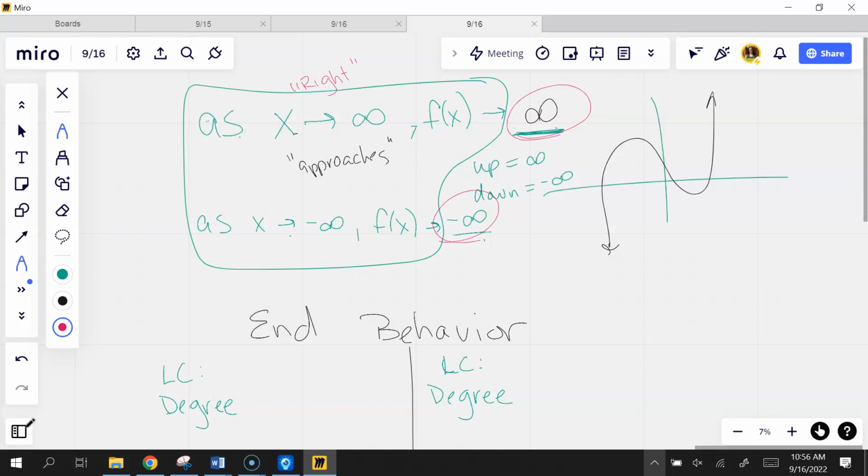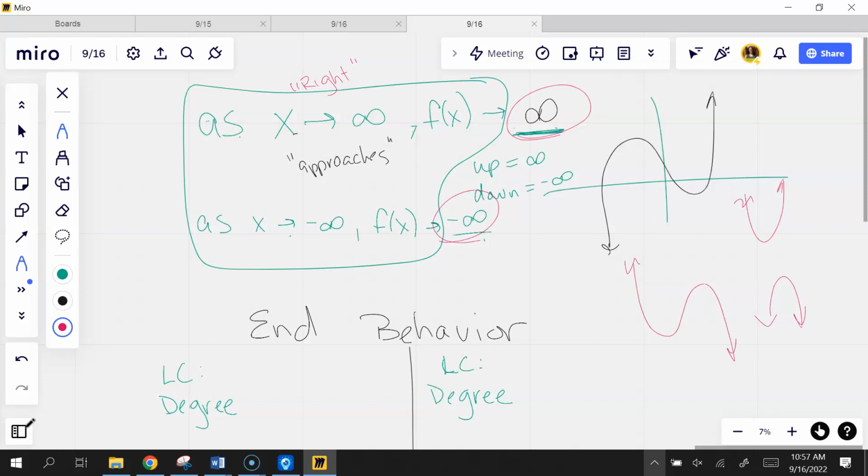It won't. Not for polynomials. They go on forever. Now, when we get to some other functions, no, because it could do that, it could do that, it could do this, it could do that. There are four possibilities. Four possibilities, right?